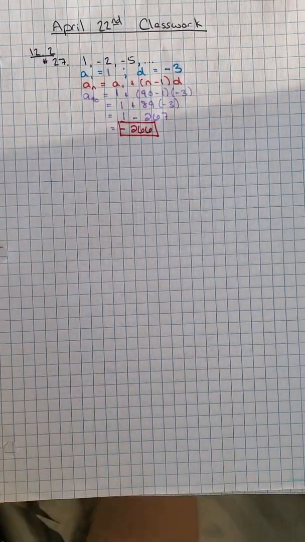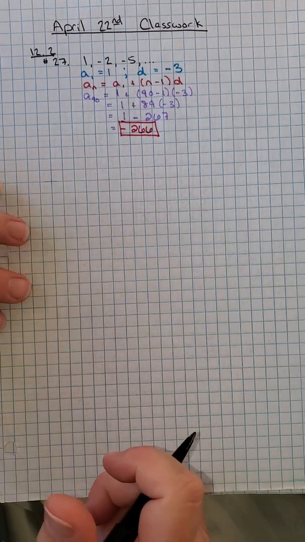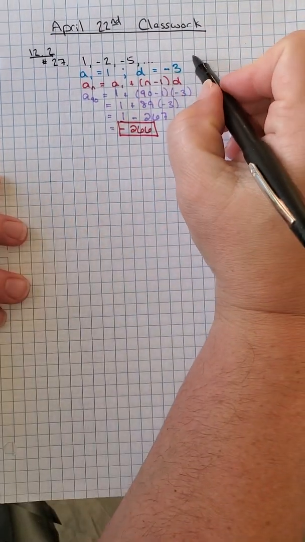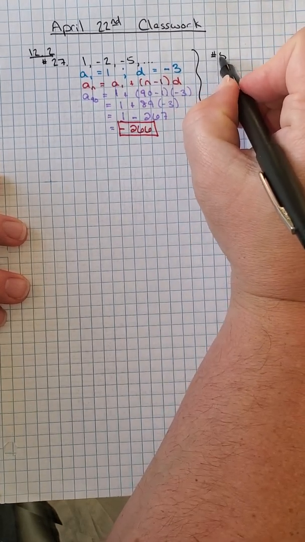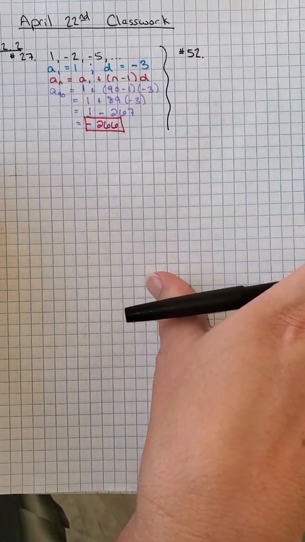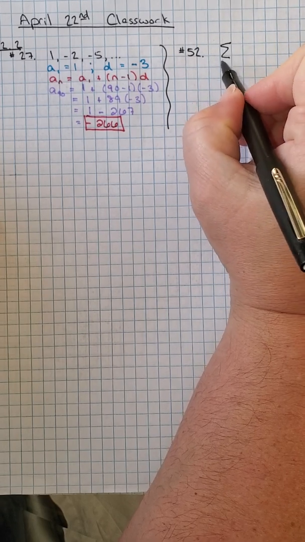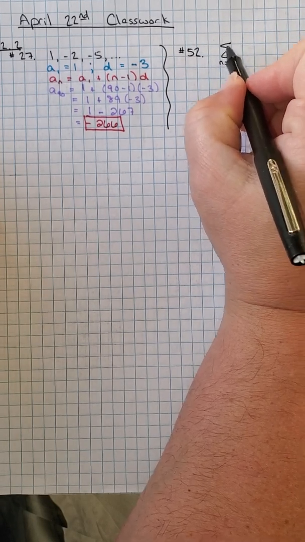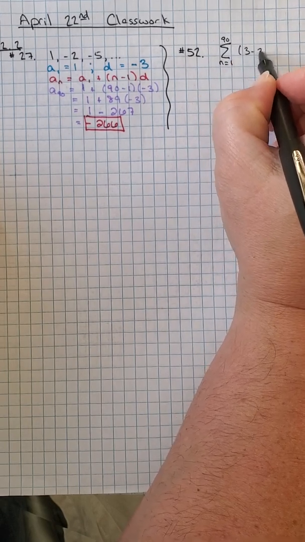And then in number 52, we have to find the sum, and it's given to us in summation notation, where we're going from n equals 1 to 90 of 3 minus 2n.